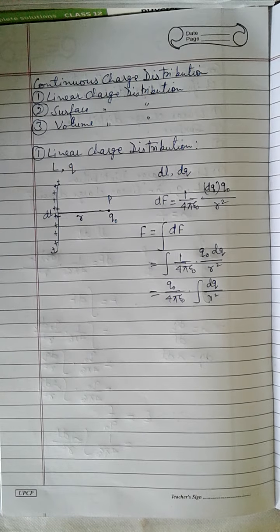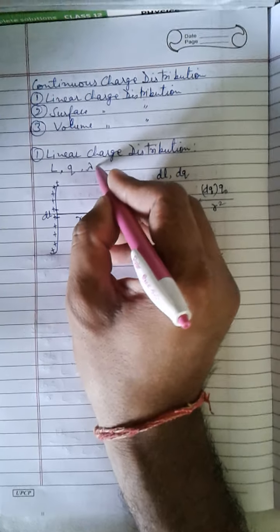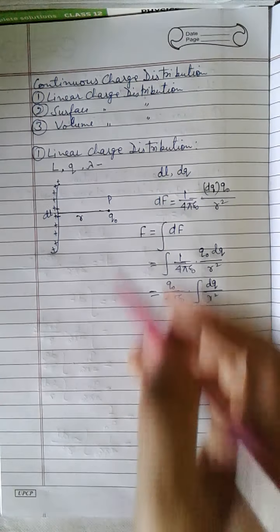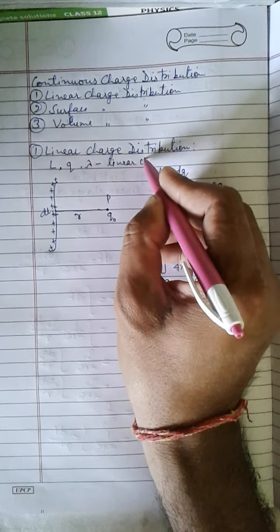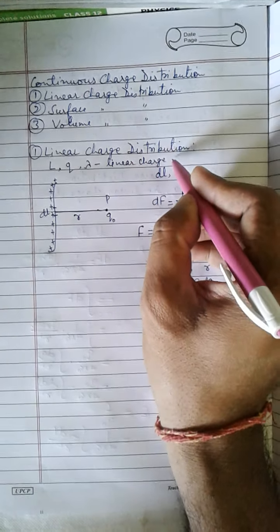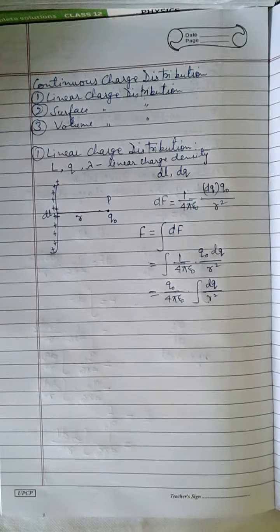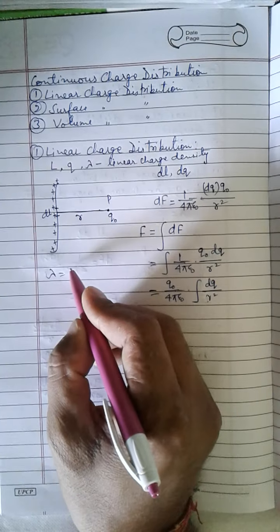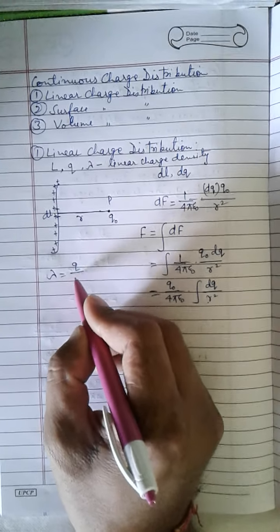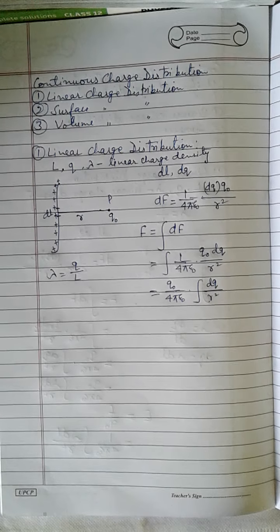I want to introduce here some new term, that is lambda. And lambda is called linear charge density. This linear charge density has the formula total charge upon total length for the whole wire or for the whole conductor.